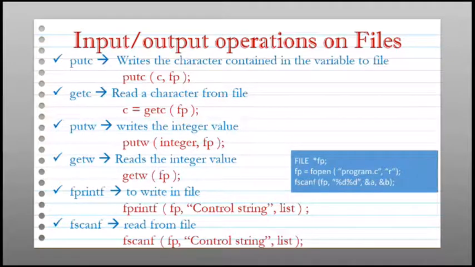The control string is mentioned in the second parameter of the fscanf function, so %d and %d, and finally the list of variables. We have to mention the address of those variables, so &a and &b.